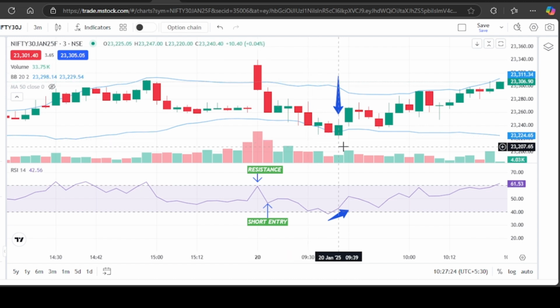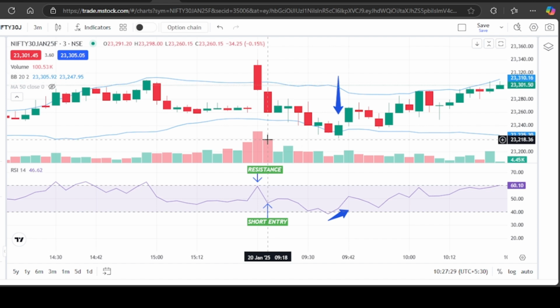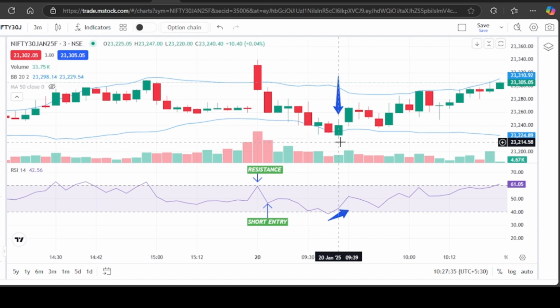If we exit at the closing price of this candle, the entry price was 23,260. The exit price is 23,240. So you have gained 20 points here.